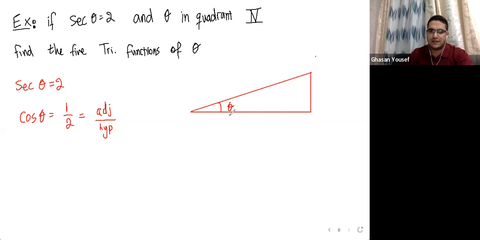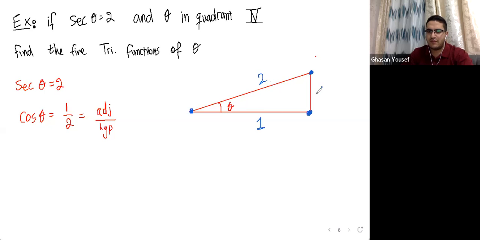So the adjacent, the distance from this point to this point, suppose is 1. And the distance from this point to this point, the hypotenuse, is 2.